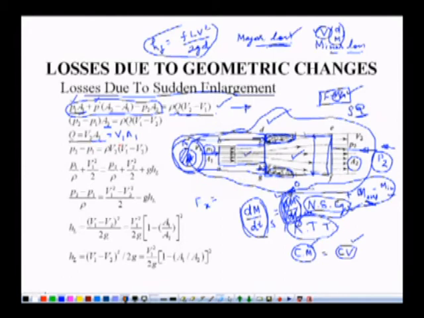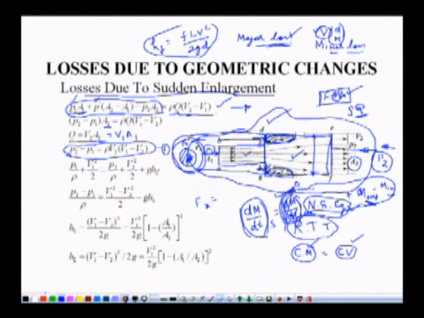Otherwise we can select V1 A1 or V2 A2. If we select V2 A2, this A2 is cancelled and this will become rho V2 into V1 minus V2, right. So with the help of continuity equation we can simplify the momentum equation for the control volume, and this is our equation number 1, say.